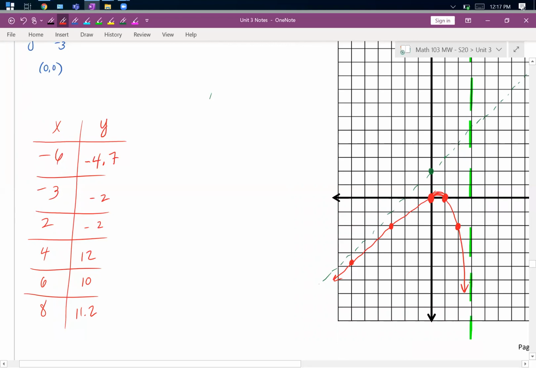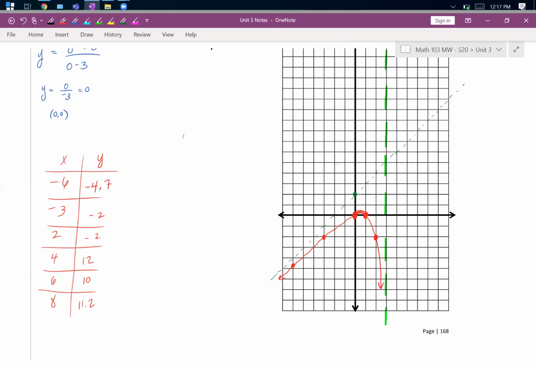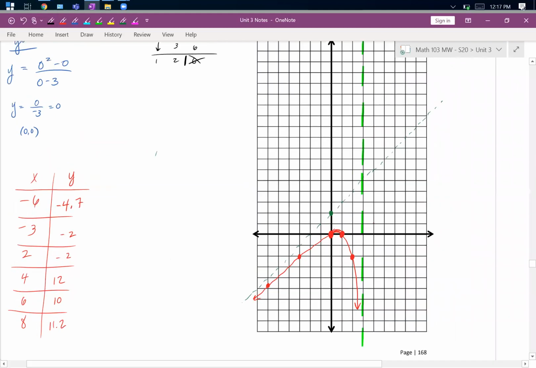Any questions on that? And then we'll plot our other 3 points. I'm kind of curious what's going on at, what is that, 5. I think I'm going to put another point in.